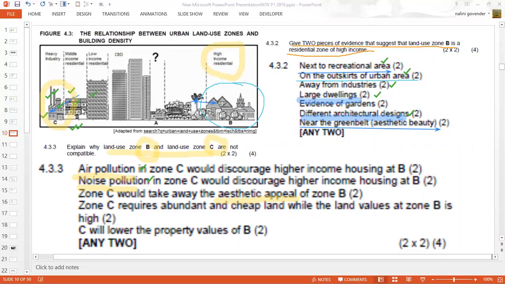Therefore, it's located in 2 different areas. So the high land values here will be one of the centrifugal forces, one of the push forces that cause them to be located in 2 different areas. And there's your answer there. And of course, your last reason is that it will lower the property values at B. If you locate the heavy industry here, then these land values are going to be lower, and these high income residents are not going to be happy about having the land values lowered.